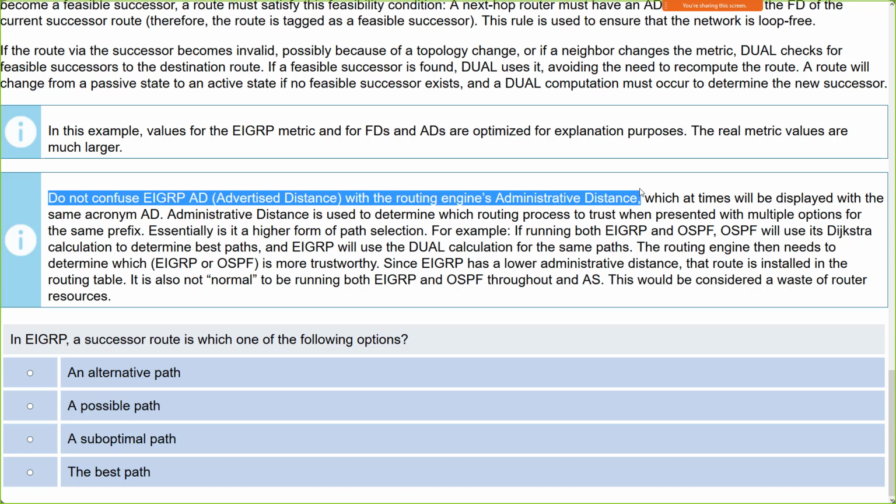In EIGRP, yes. So sometimes when we are changing our metrics, every now and then we'll actually get equals. So you'll have the same advertised distance, and we'll end up with almost like a load balancing. How often do you see that? The same advertised distance, or the same overall feasible distance? I believe it's the same feasible distance, because we end up with links to the same location.